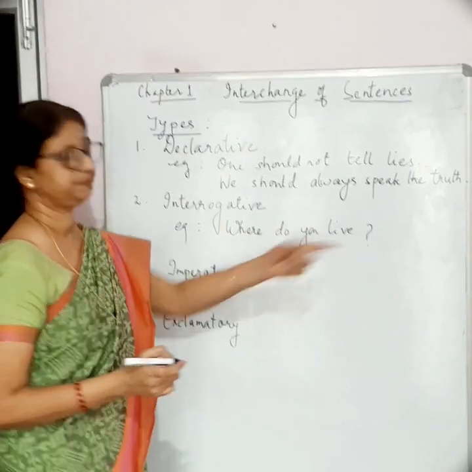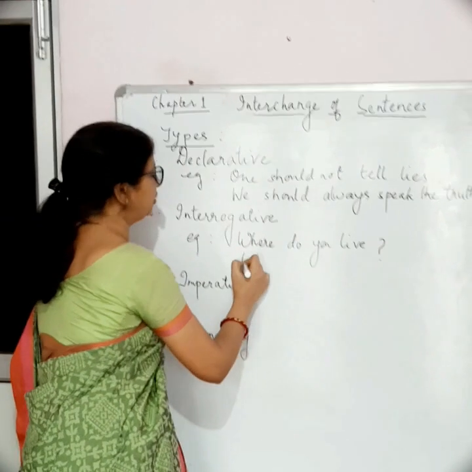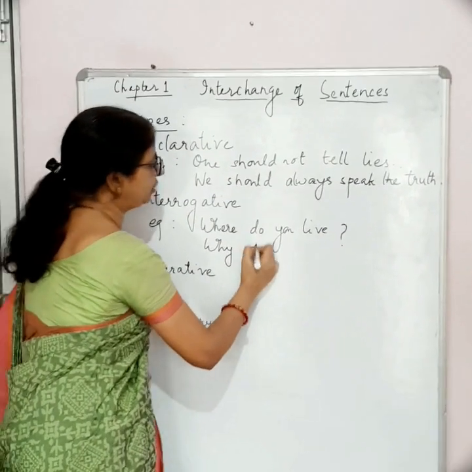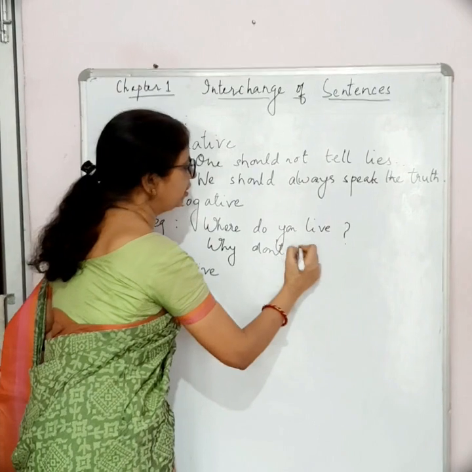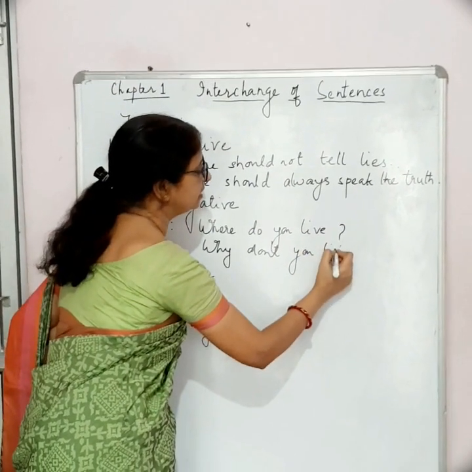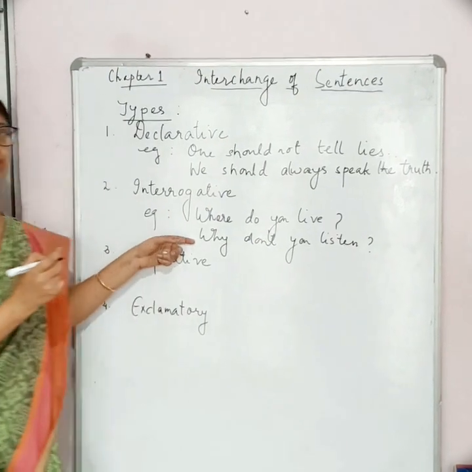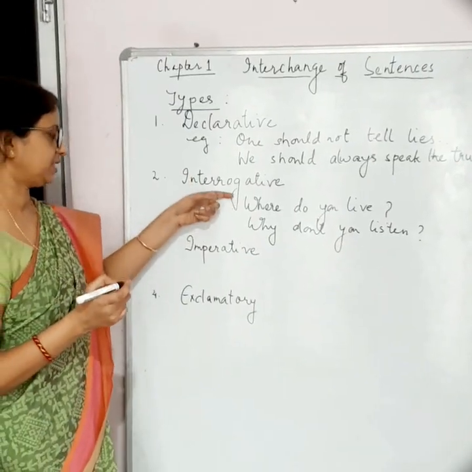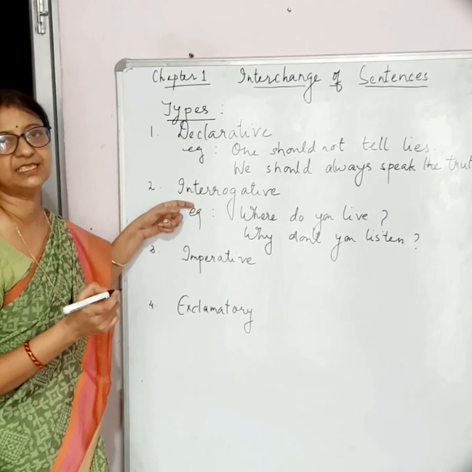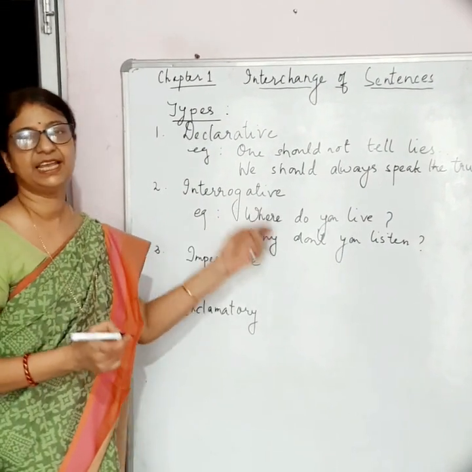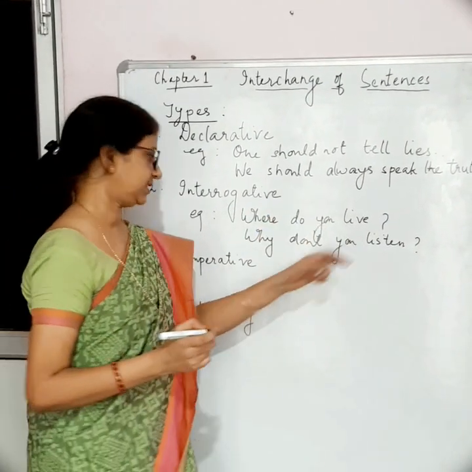Where do you live? Why don't you listen? So, this is also an interrogative sentence. First one is an affirmative interrogative sentence and the second one is a negative interrogative sentence.